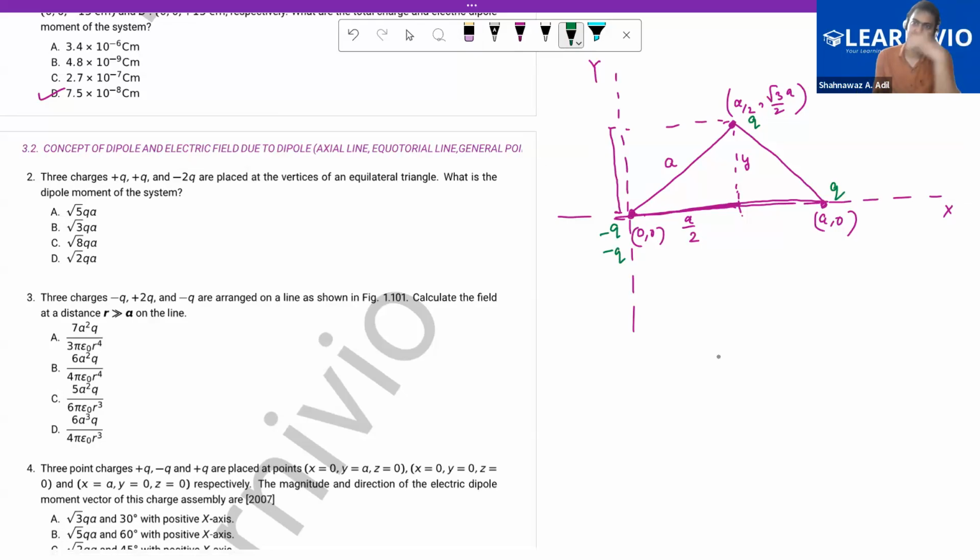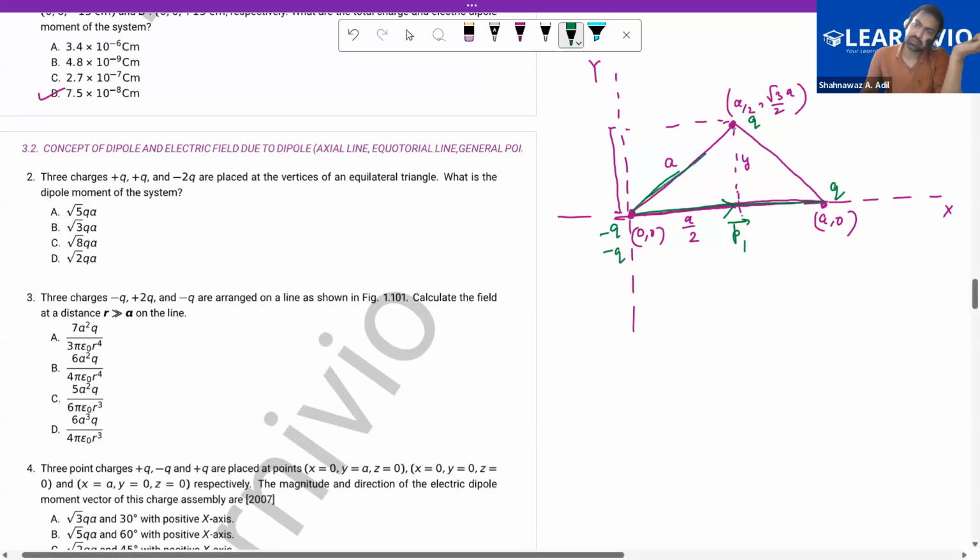So one dipole would be this, and let's say that this is P1, minus Q and Q. The other dipole would be this, P2. Clear? Yes, sir.